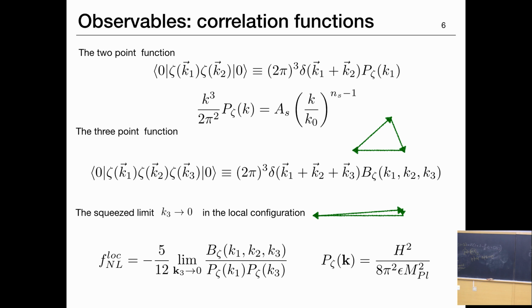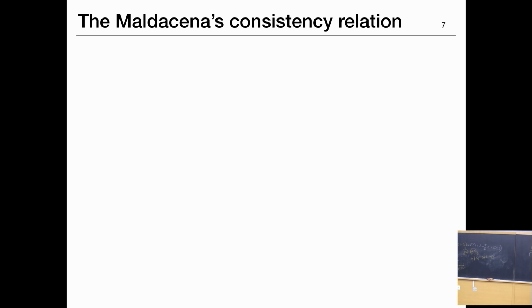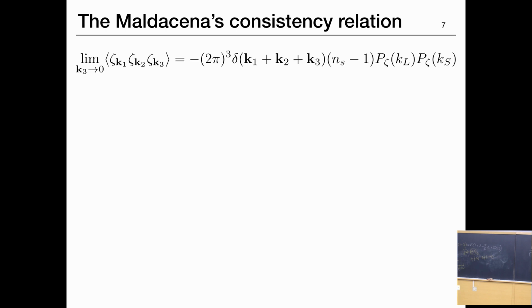What is the prediction for the bispectrum in the squeezed limit from single field inflation? The answer was given by Maldacena, and he found this beautiful relation. This is known as the consistency relation, which indicates that the bispectrum is related to the power spectrum through the spectral index.